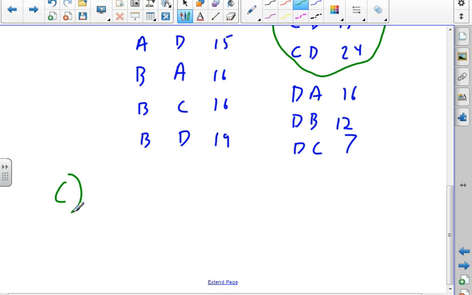Majority criteria: if a candidate has a majority of the first place votes, then that candidate should be the winner. So I think this is the majority criteria. That is probably what I would pick.